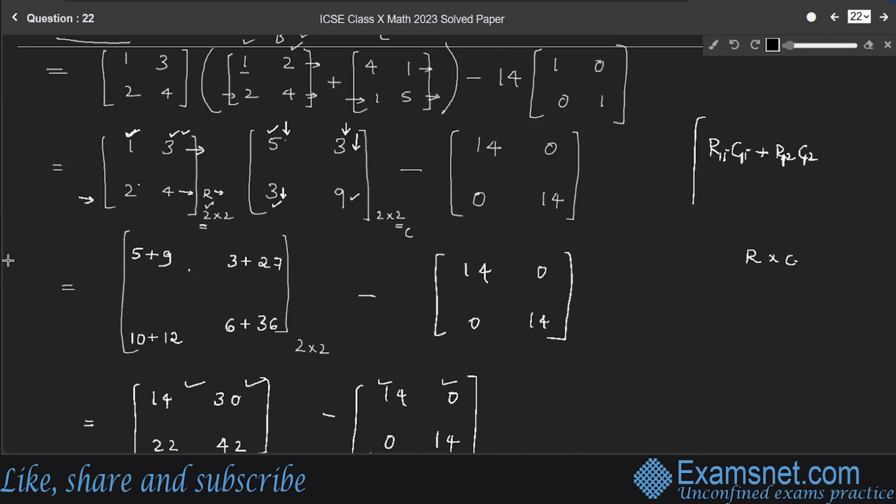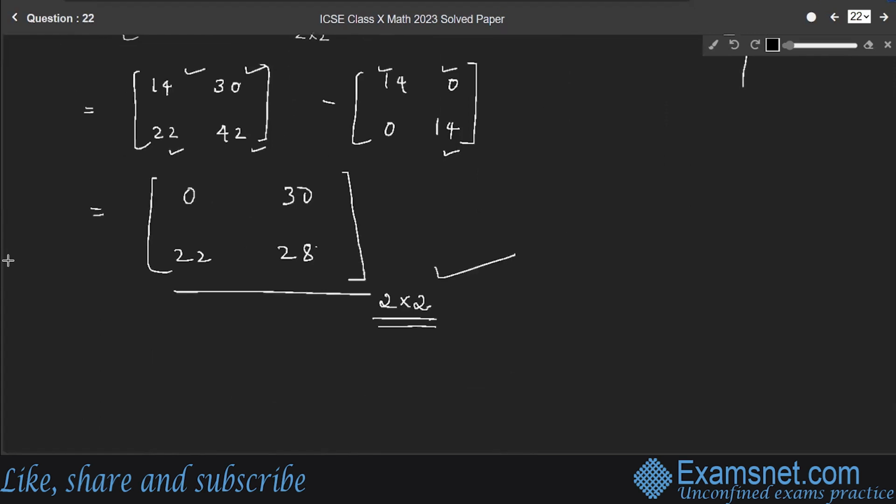This will be the first element of the resultant matrix. And for the second element, come back to multiplication of matrices here, R11, C12, so second column, first element, plus R12, C22, like that, right? Which you have already studied in your classrooms. So the resultant matrix is 0, 30, 22, 28, a 2 by 2 matrix.